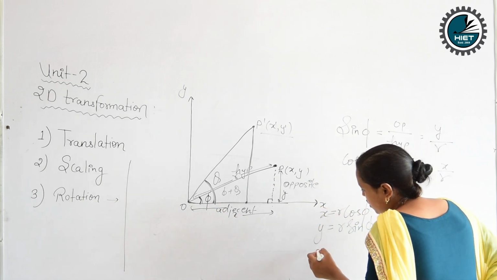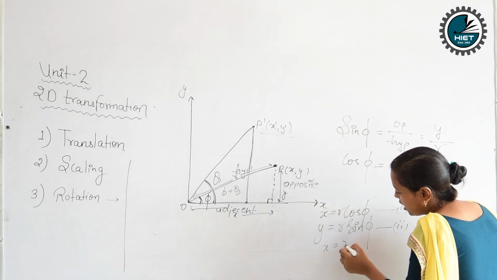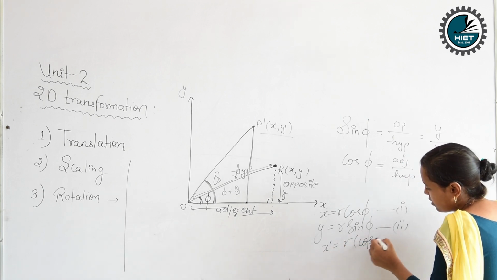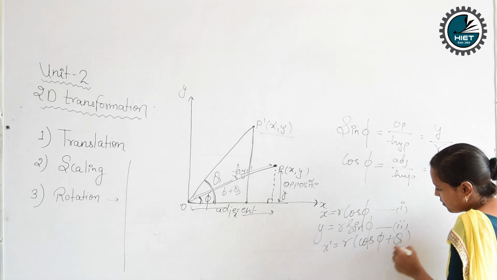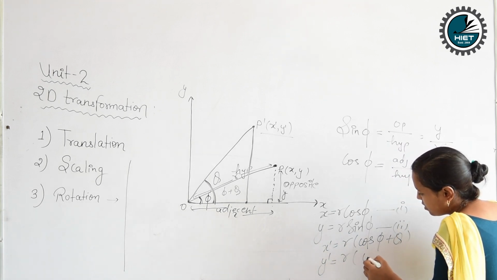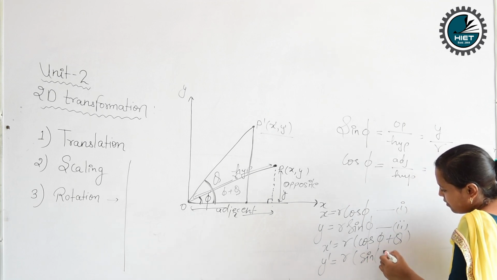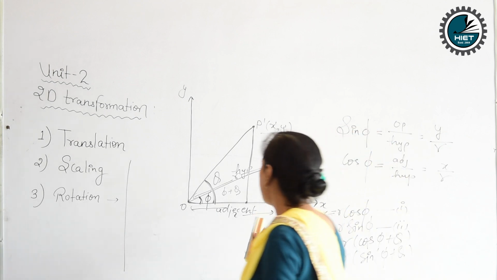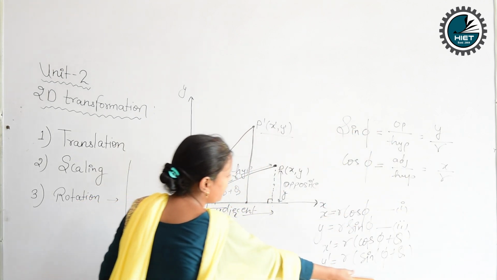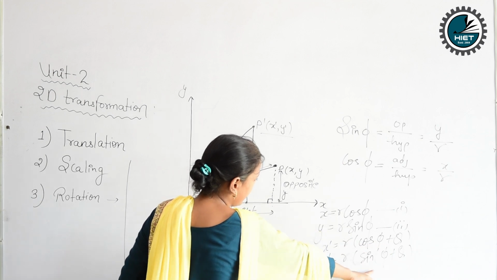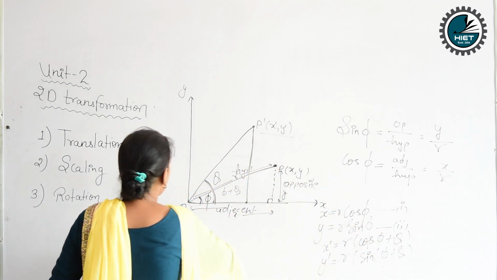So x dash will be r cos of phi plus theta, and y dash will be r sine of phi plus theta. After that, we break that equation using the cos a plus b trigonometric formula and the sine a plus b trigonometric formula.